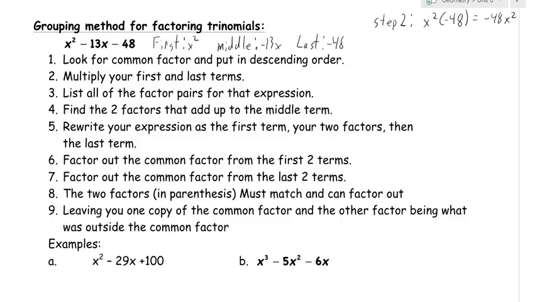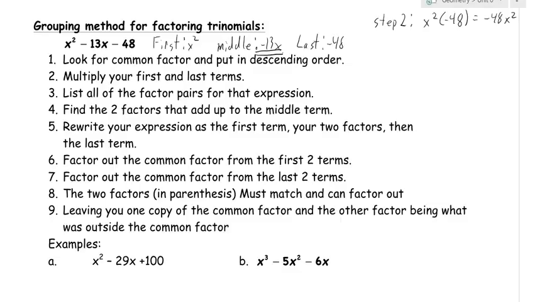We're looking for what multiplies together to be what we just got, the first and last terms multiplied together, but adds together to be this middle term. So what multiplies together to be negative 48 and adds together to be negative 13. So that's the trick here.